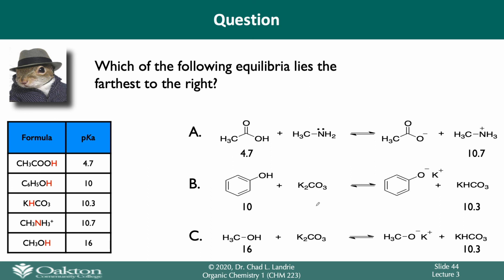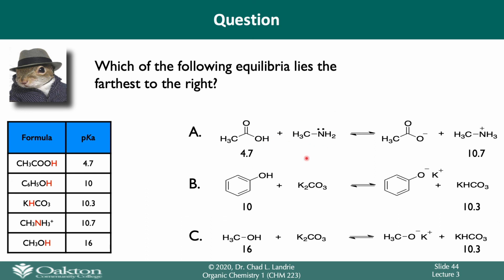For example, if we just look at A, I know that this compound, acetic acid, is acting as an acid. If I look at the product side, it's lost its hydrogen. That's our definition of acid, proton donor.